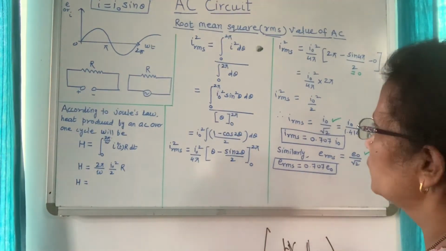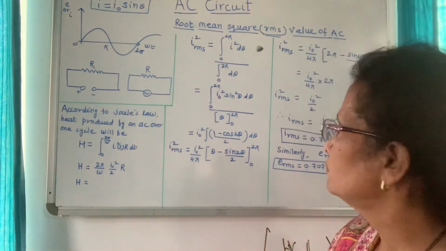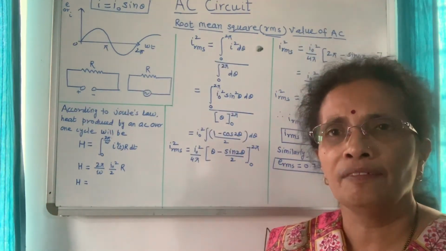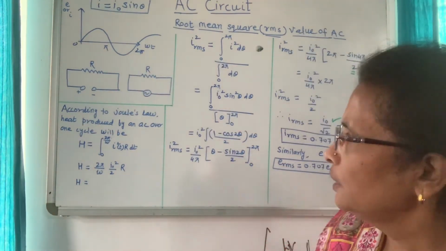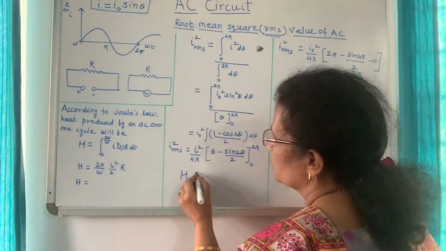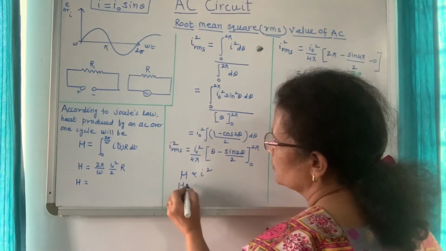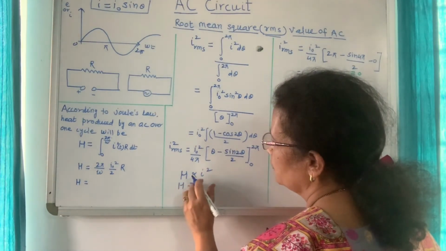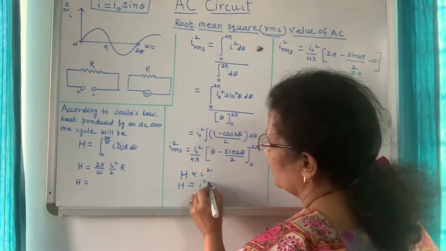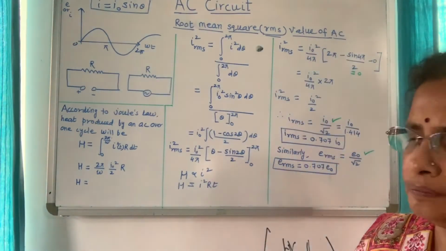Now with this much current passing through it in one cycle, how much heat will be generated? According to Joule's law, heat is proportional to the square of the current. So, removing the sign of proportionality, heat is equal to I square RT, where R is the resistance and T is the time.